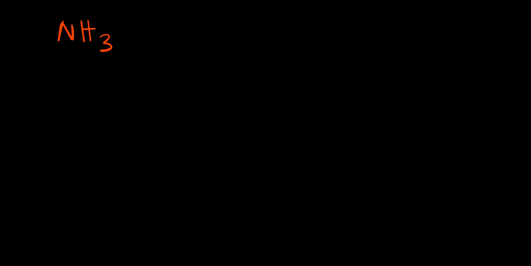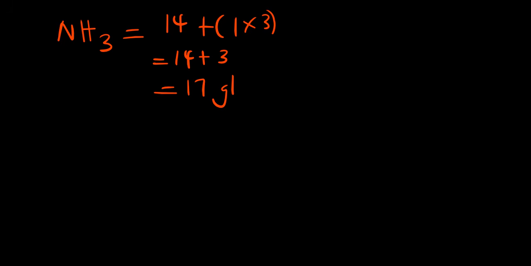Nitrogen is 14, plus hydrogen, the molar mass is 1. Because there are 3, I'm going to multiply by 3. So this is 14 plus 3. This will give me 17 grams per mole. That is the molar mass.